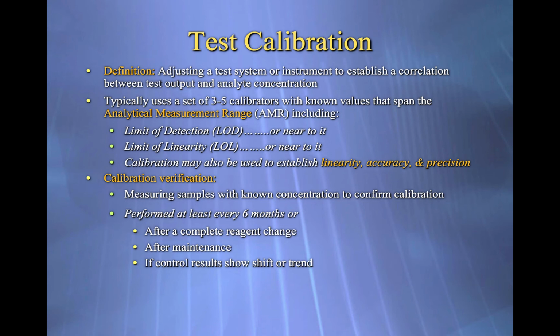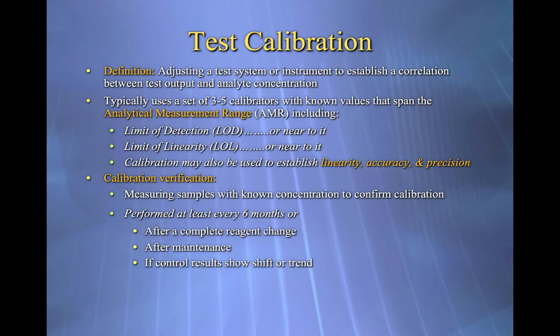You can use calibration during the validation procedure to establish your linearity, your accuracy, and your precision to some extent. Not all of it, and you should have other studies that show these same things, but test calibrators are a good way to actually initially establish those.